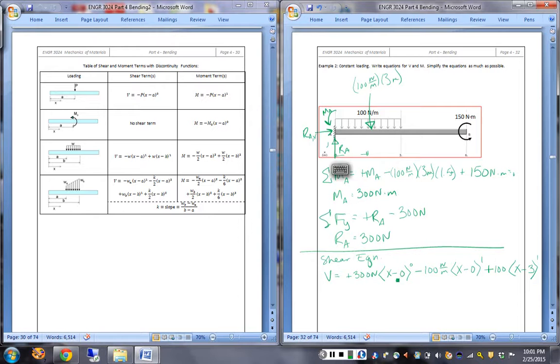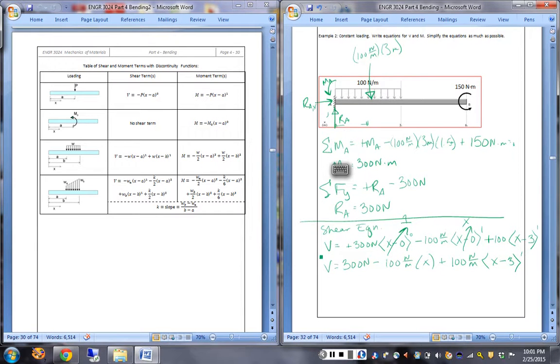What can we do to simplify? The X minus 0 to the 0 simplifies just to 1. X minus 0 to the 1 simplifies to X. So we can say that our equation for the shear is 300 newtons minus 100 newtons per meter times X plus 100 newtons per meter times X minus 3 to the 1.